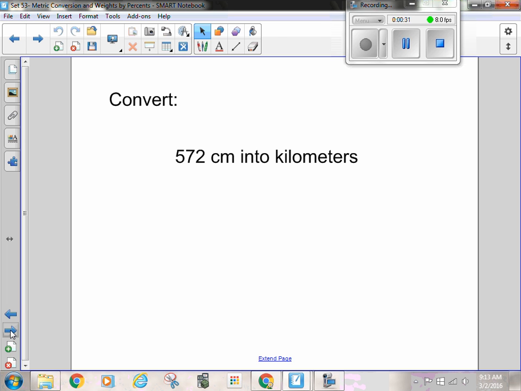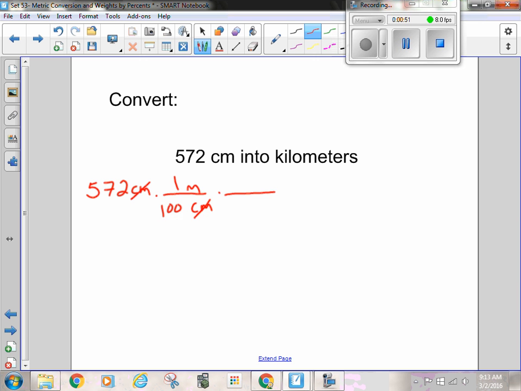We're just going to set all of these up. All right, 572 centimeters into kilometers. So 572 centimeters. Centimeters is in the top, so I'm going to write it into the bottom. And we're going to convert it into meters. So 100 centimeters is 1 meter. So my centimeters cancel. Now meters is in the top, so I'm going to put it into the bottom.